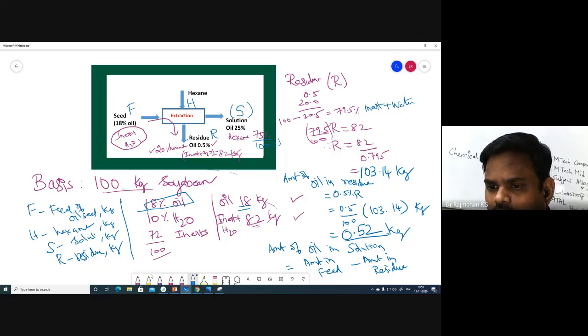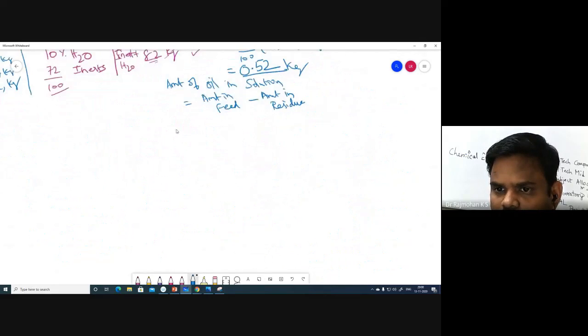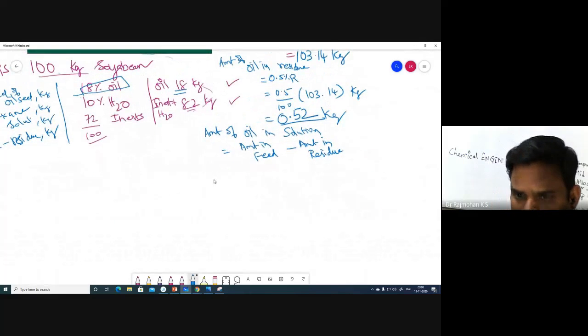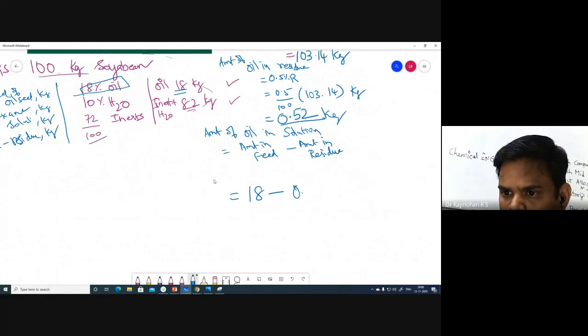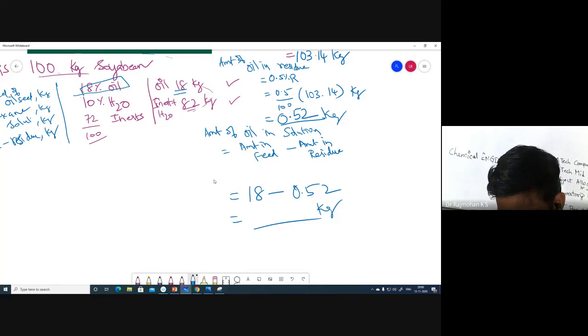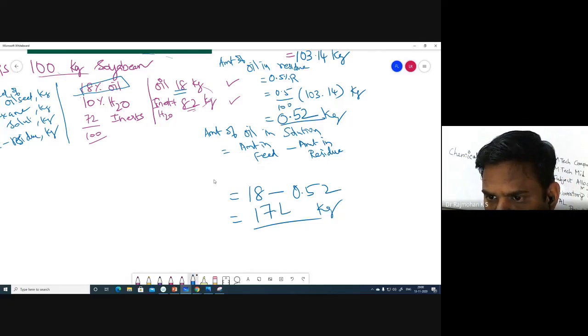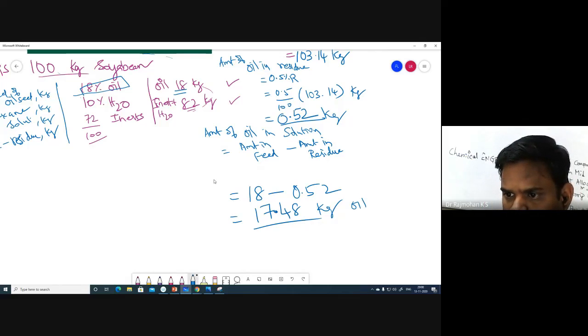So these are individual material balances, right? So this is 18 minus 0.52, which is 17.48 kg, the amount of oil present in S.